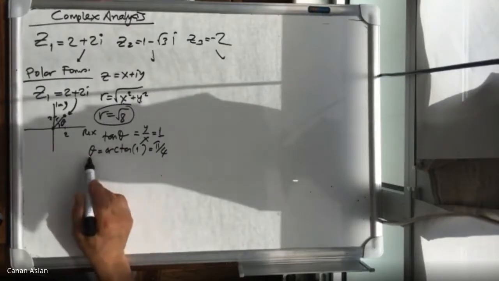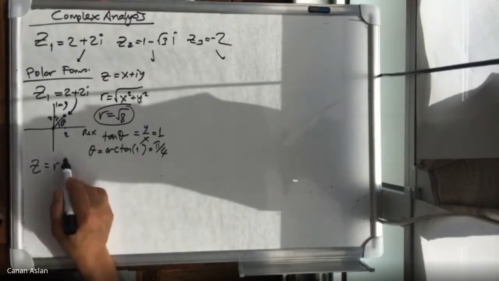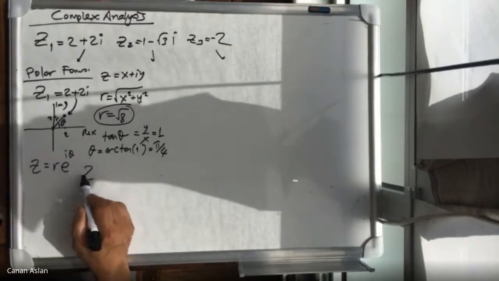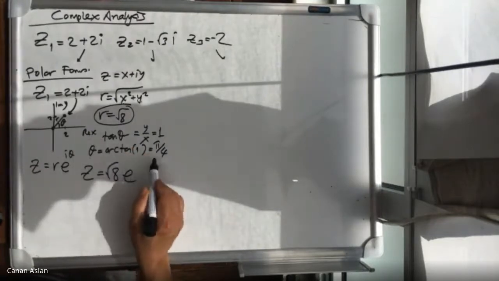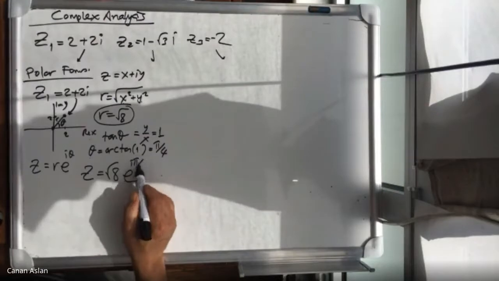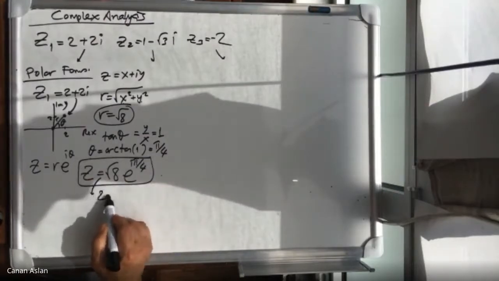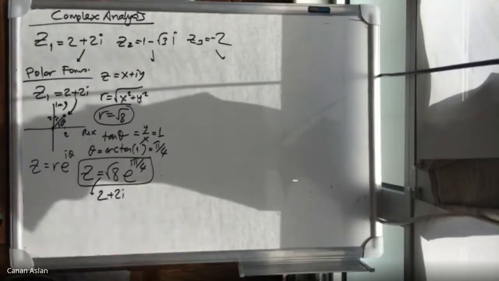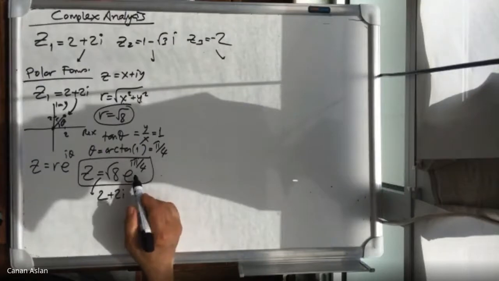Now, if you get theta, then any complex number can be written as r e to the i theta. So z now is equal to r, which is square root of 8, times e to the i pi over 4. That's it. This is nothing but equal to 2 plus 2i. This is the polar form. Can I also write this in sine and cosine?